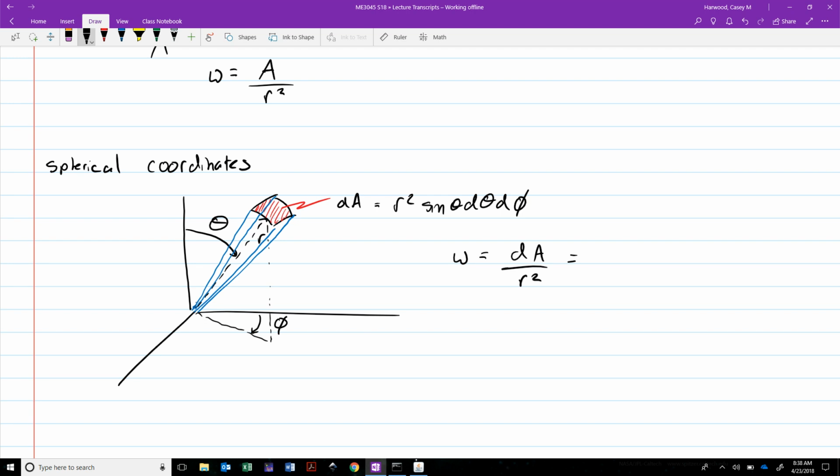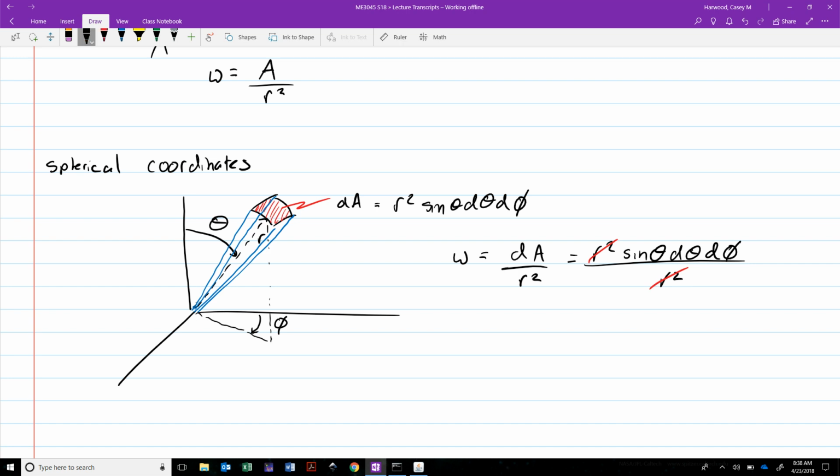And this simply turns into r squared sine theta d theta d phi over r squared. Kill off the r squareds, and we have sine theta d theta d phi. So this is how we're going to write it. We're going to use this substitution a lot right here.